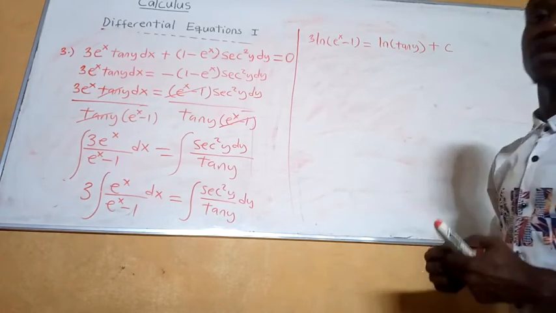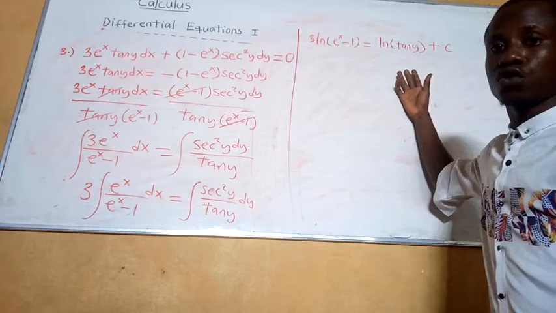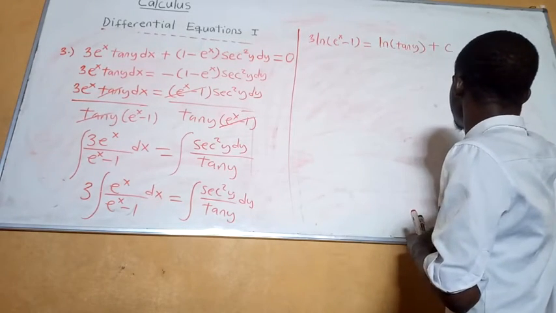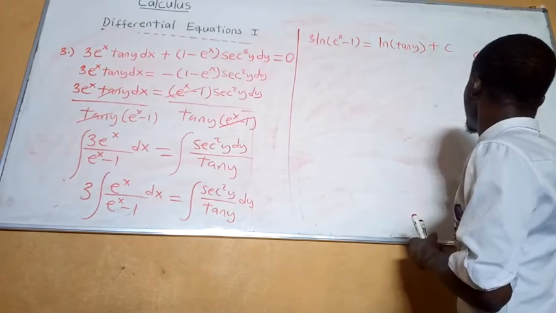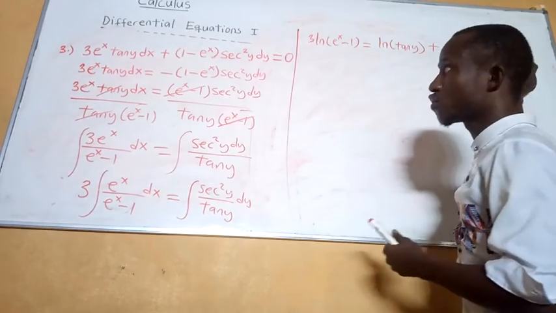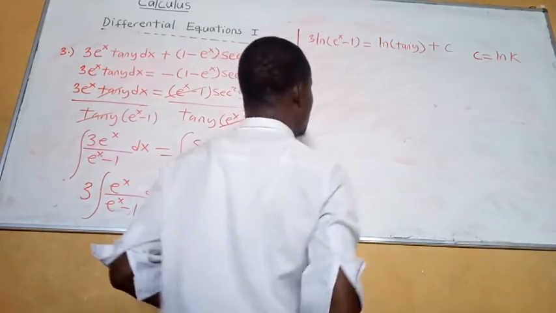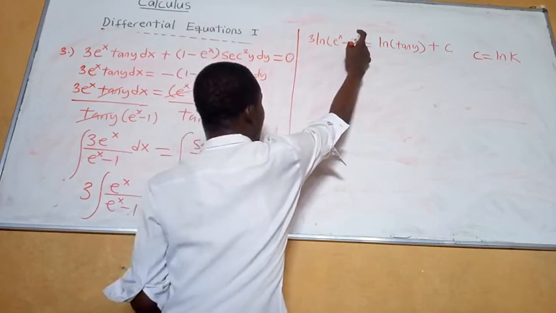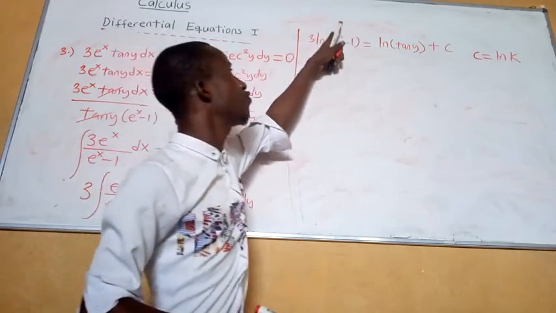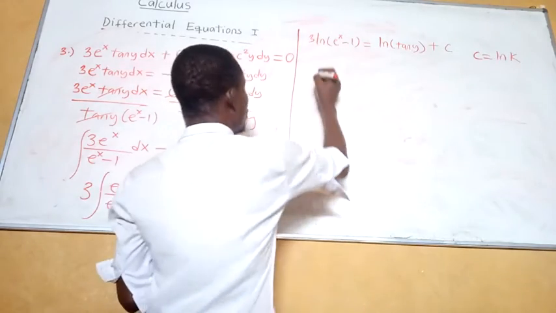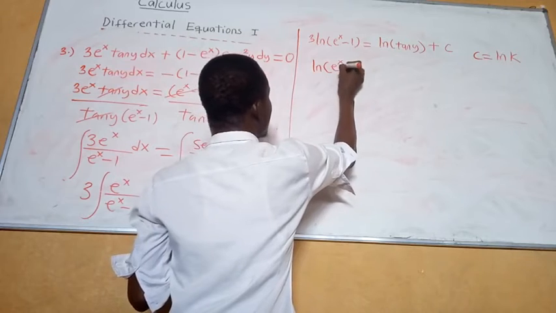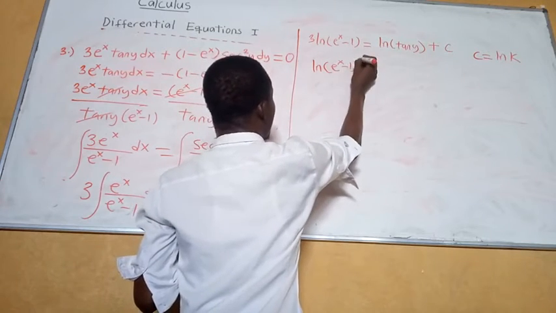We want to simplify this problem further, so we can say let c be equal to ln of k. Doing this, the 3 will now come as the exponent for e^x minus 1.